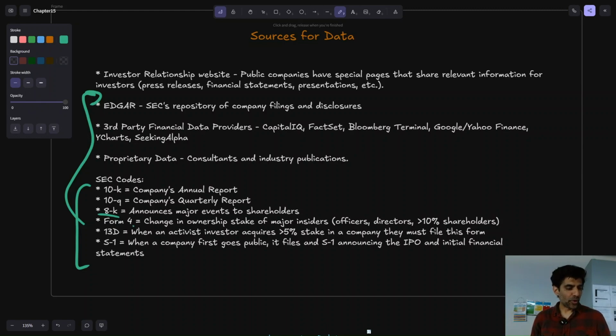Form 4, this is what I talked about, where if there's a major buying or selling of shares by any insider, so this is officers, directors, or any shareholder that's greater than 10%, they have to disclose any change in their ownership. This is another one where you can get a lot of information. A 13D is when an activist investor first takes a stake in a company and it has more than 5%.